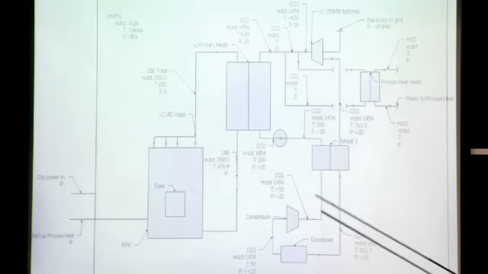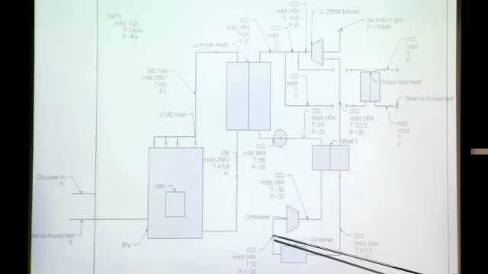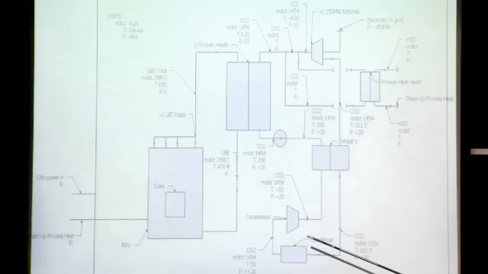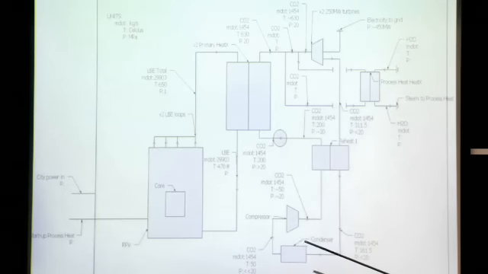The last assumption was at the bottom after the condenser. We assumed 50 degrees Celsius as a lower limit because the supercritical threshold for CO2 is about 30 degrees Celsius, so we gave it a little margin.